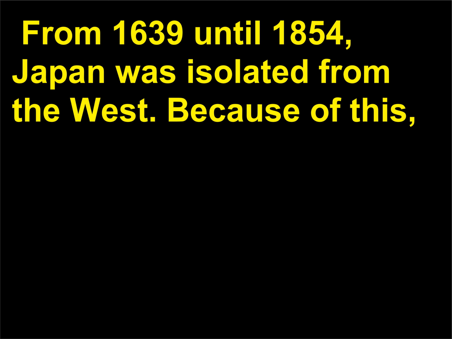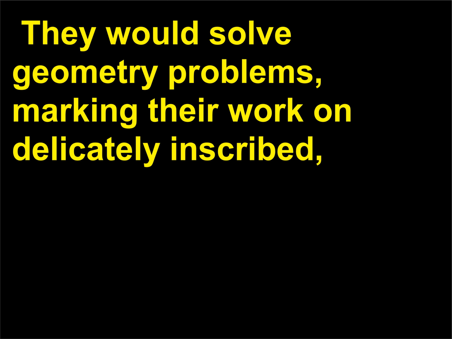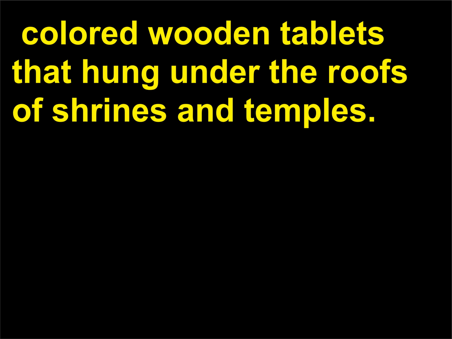Because of this, Japan developed a kind of native mathematics that was used by samurai, merchants, and farmers. They would solve geometry problems, marking their work on delicately inscribed, colored wooden tablets that hung under the roofs of shrines and temples.